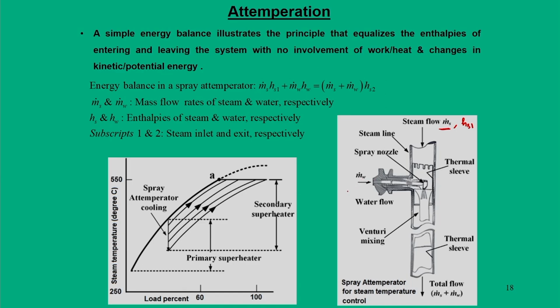At that pressure we have the enthalpy value HW. Then the total mass that goes out is MS plus MW, but at an enthalpy HS2. So, essentially from this point to this point there is a drop in temperature and the pressure remains the same.